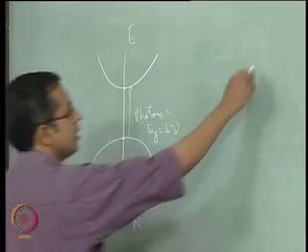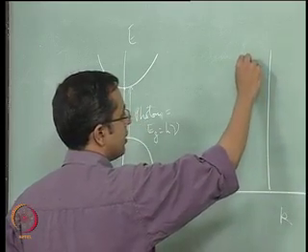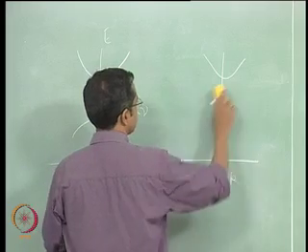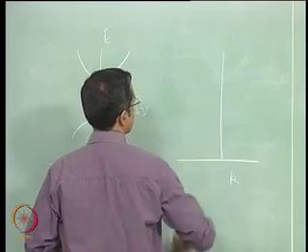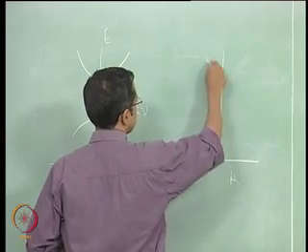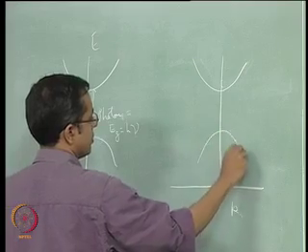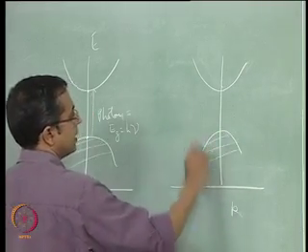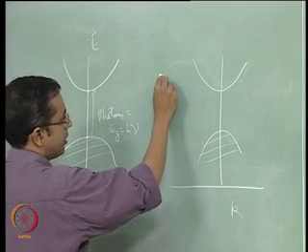On the other hand, if you have a structure where this is K, this is a band, and we will say these are filled. So this is filled, so this is also filled, that is empty, but at some other location in K space you have an even lower band.